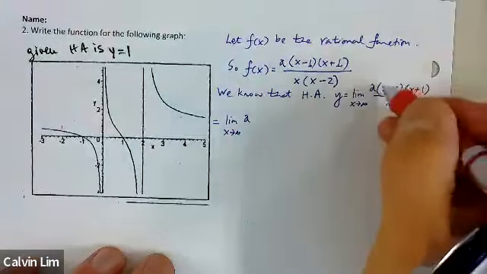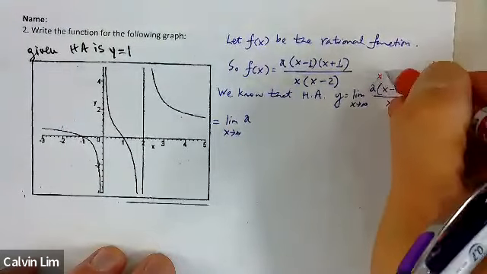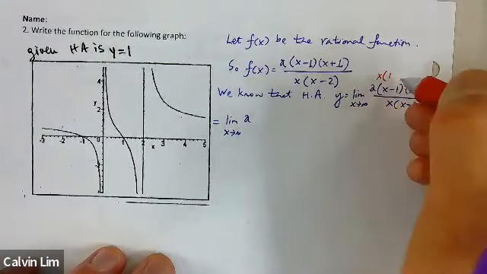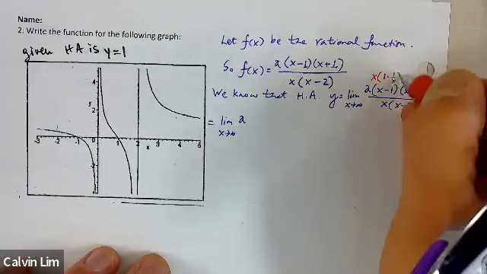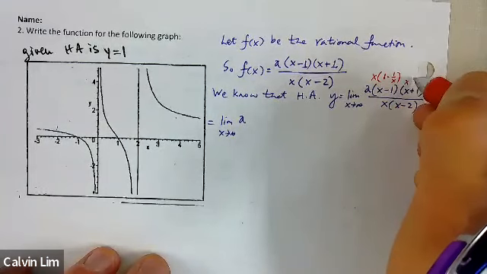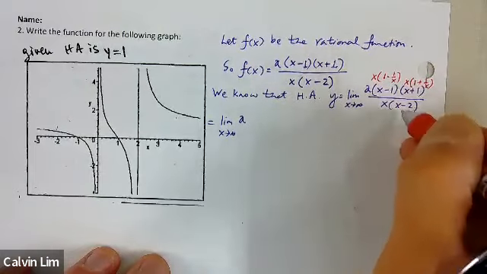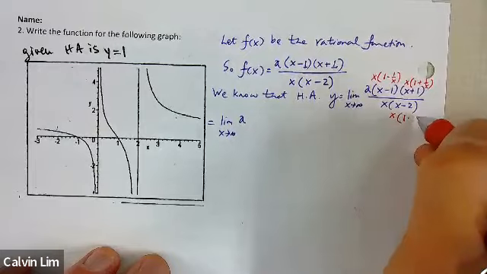I'm going to factor out x to give x times 1 minus 1 over x, x times 1 plus 1 over x, and in the denominator x times x times 1 minus 2 over x.